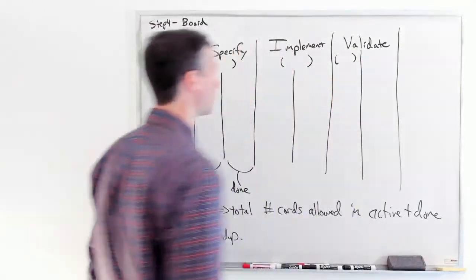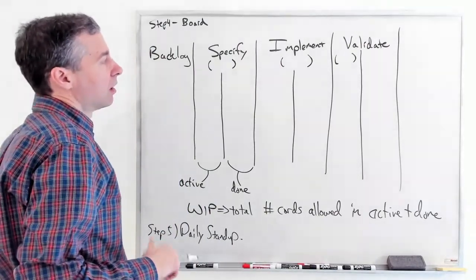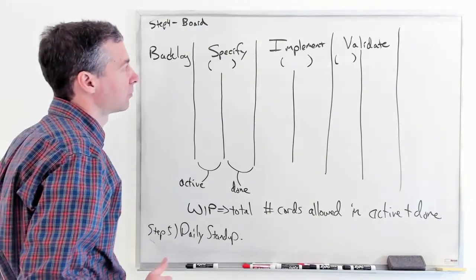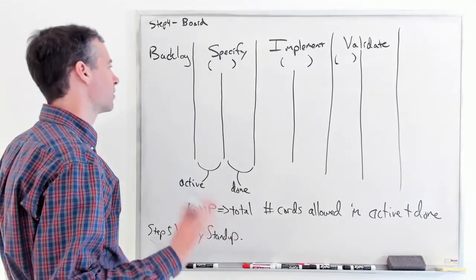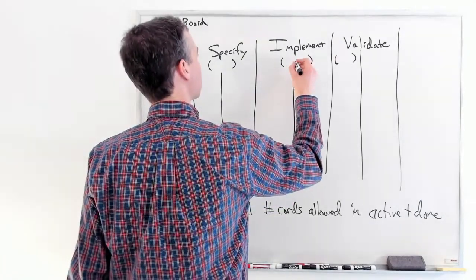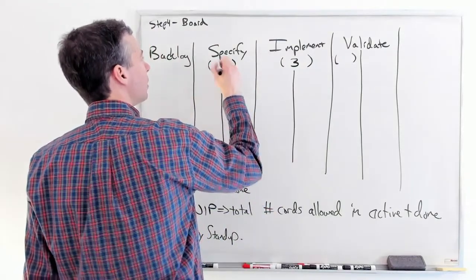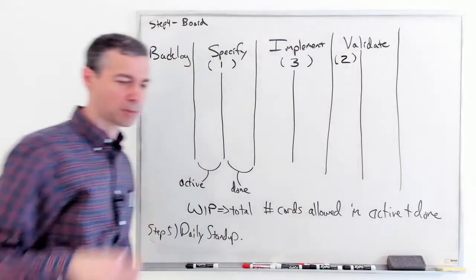Actually, we're not even going to go there. Let's just say I'm going to put an implement limit of 3, this of 1, and this of 2. I'm just going to make up some limits.